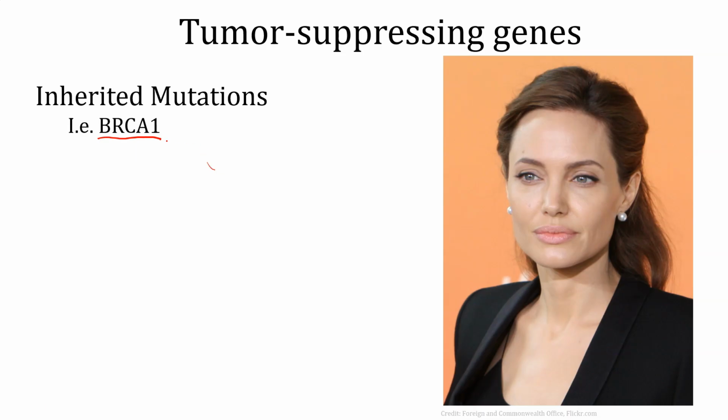Specifically, this is one that operates to reduce cancer in specific tissues, namely the ovary and the breast tissue. So she had those parts removed because this particular protein wasn't doing its job, so she was much more prone to acquiring cancer in those areas of her body.